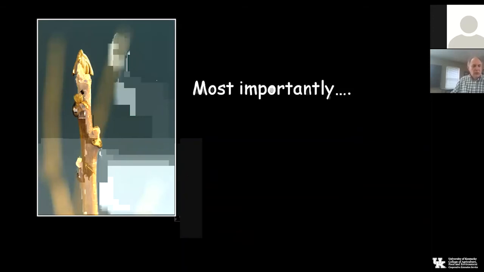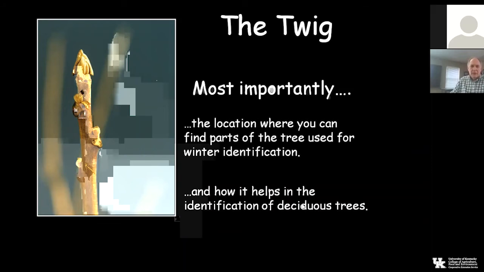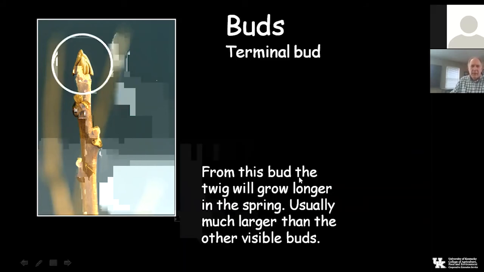So we're going to simply get into the characteristics of the twig itself. Most importantly, the bud on the twig and the location of it is very important for winter identification. It helps us decide what that deciduous tree is by identifying the characteristics in and around this bud.